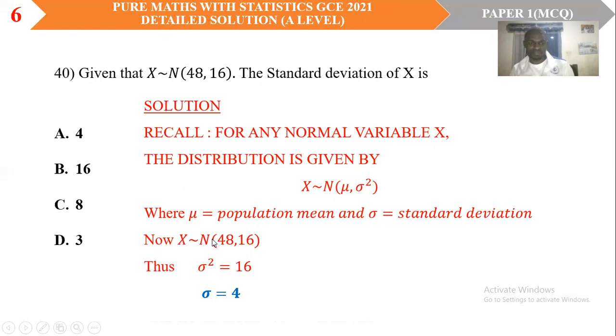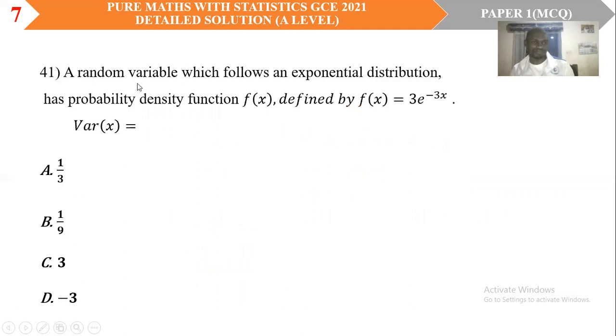Now, x is normal with 48 and 16, thus giving sigma squared equals 16. If we take the square root on both sides, we have sigma equals 4. Answer A.